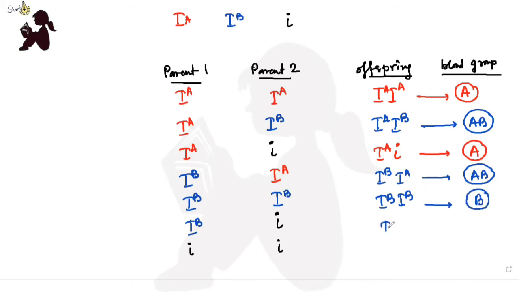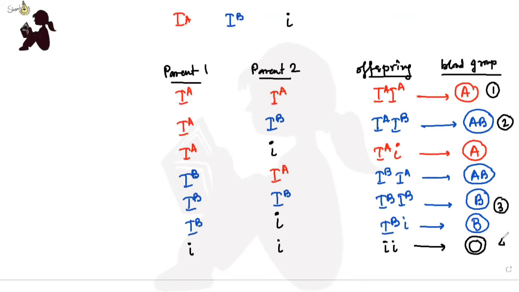IB small i will also represent B blood group. And lastly, small i small i will represent the O blood group. So here four types of blood group can be generated: A is one, AB is two, B is three, and O is four.